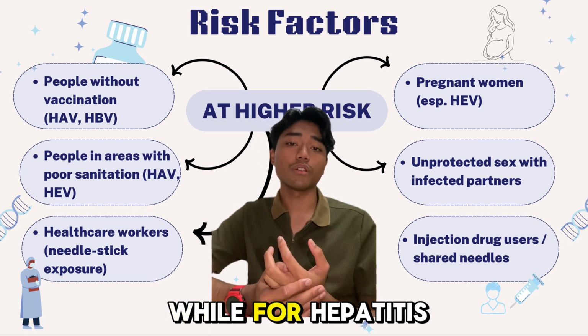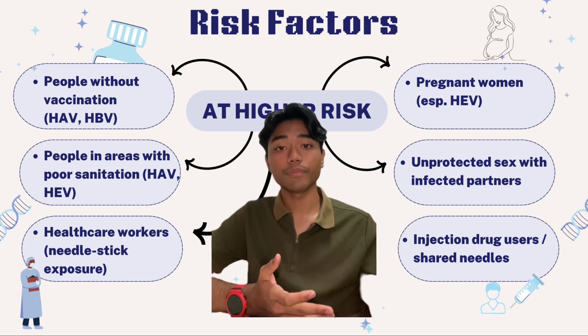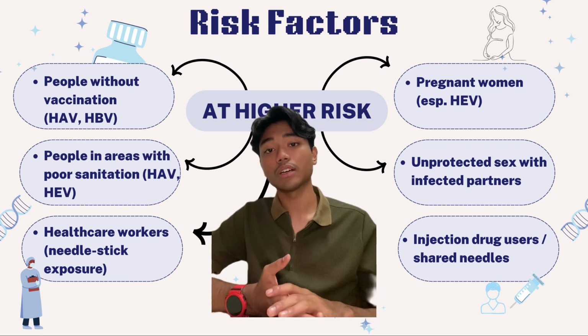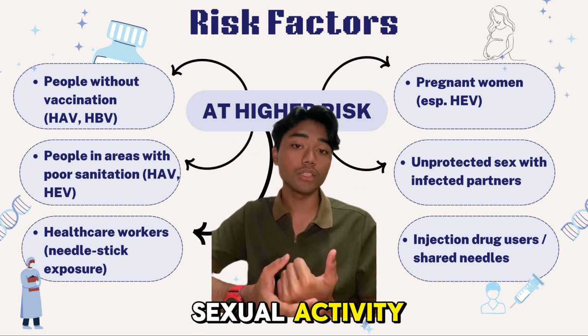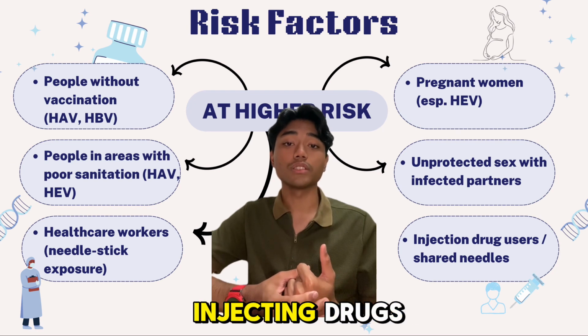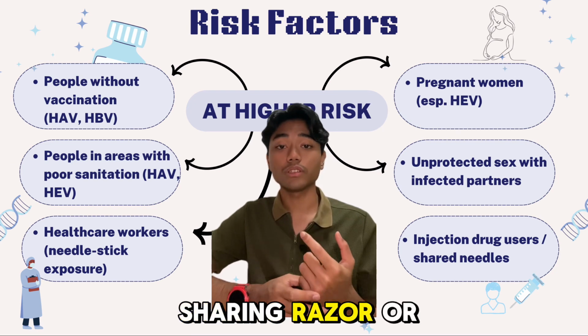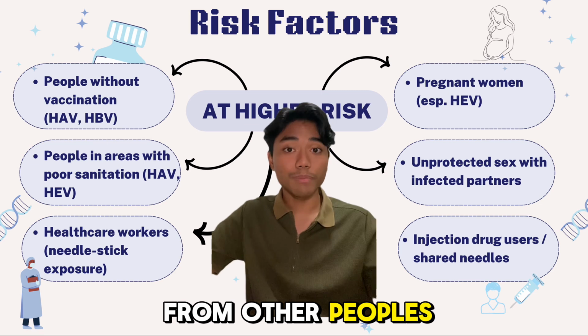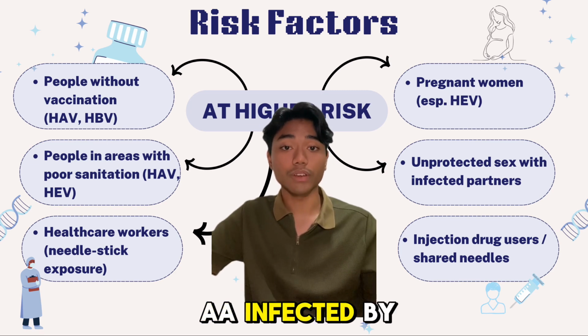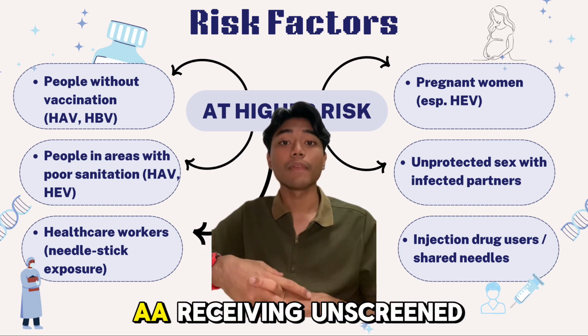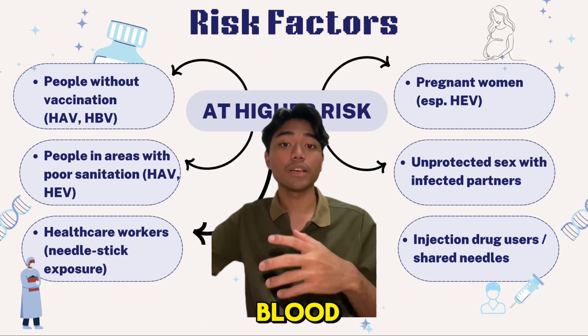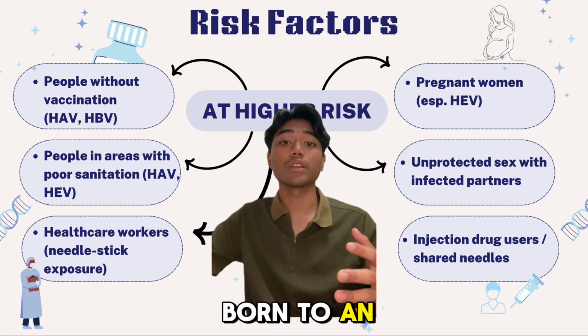While for hepatitis B, C and D, the risks include unprotected sexual activity, sharing needles or injecting drugs, sharing razors or toothbrushes with people who might be infected by hepatitis viruses, receiving unscreened blood, and also being born to an infected mother.